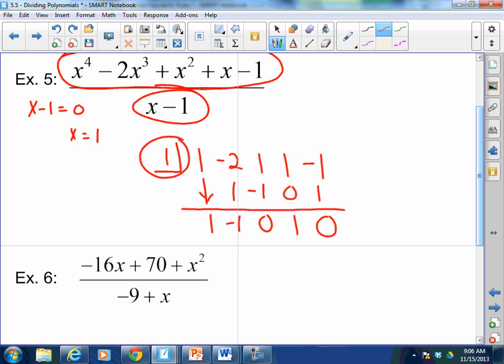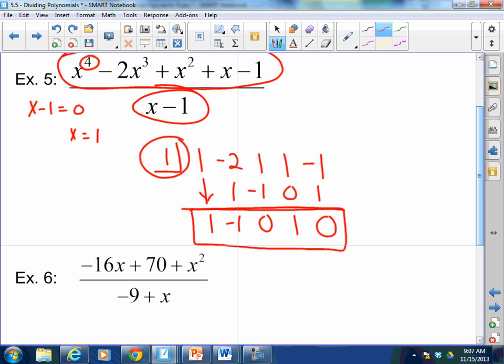Now, did everyone see what I did there? Okay, now, this here is going to be your answer. You look up at the first leading exponent that you have in the original problem. Do you notice how that had an exponent of 4?